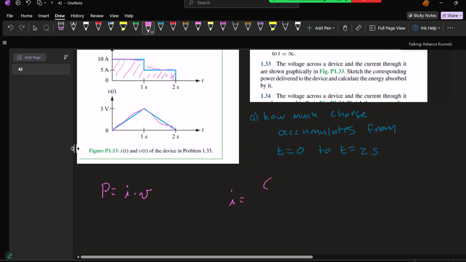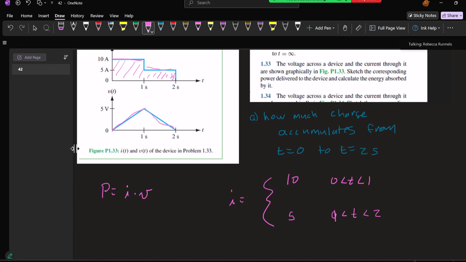I equals 10 for t between 0 and 1, and I equals 5 for t between 1 and 2. And V, this is a straight line, goes through the origin, and it has slope 5. It goes up 5 over 1. So it is 5t for 0 less than t less than 1.